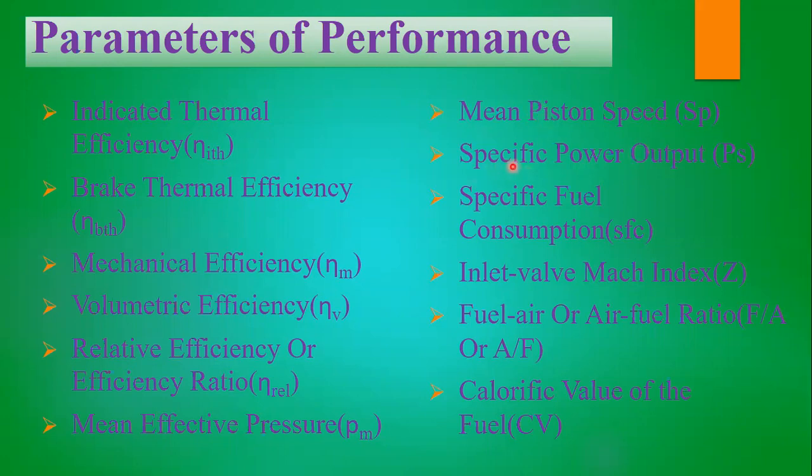And next, specific power output. It depends on the power output per area of the piston. So the area of the piston has a big impact on the performance of the engine. The piston area should be somewhat minimum, otherwise the power output will be less. Why? Because if the piston area is high, whatever power is produced is consumed by the piston itself.